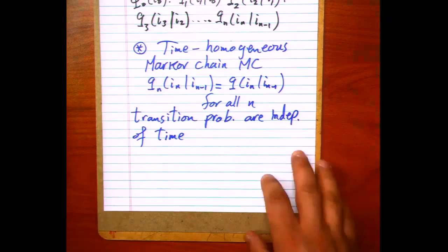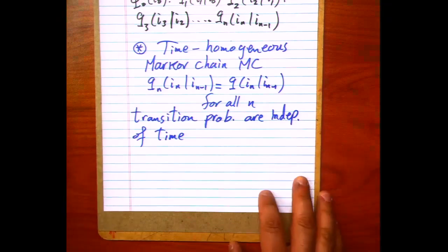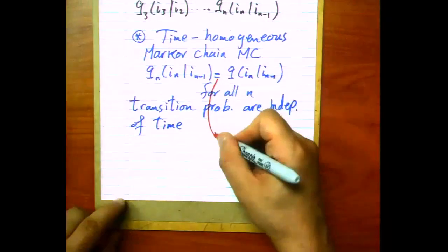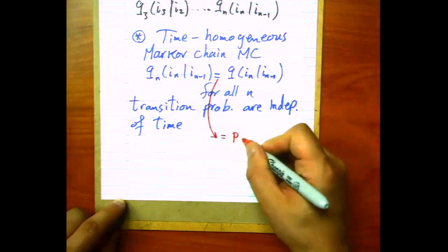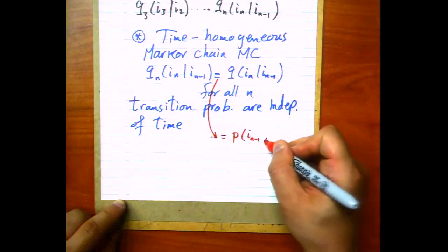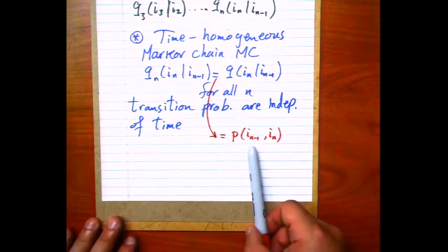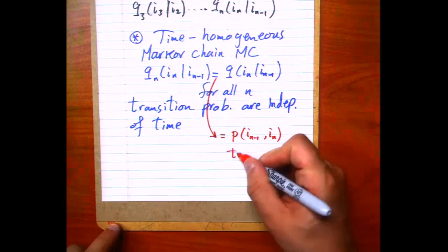Any questions so far? Okay, let's follow the book and call this lowercase t of i_{n-1} and i_n. It's the transition probability from state i_{n-1} to i_n. That's the transition probability.